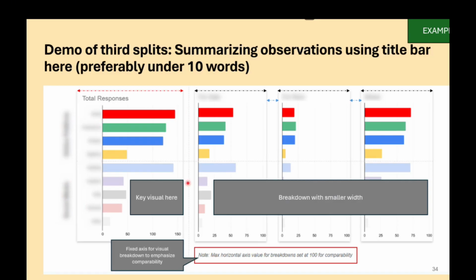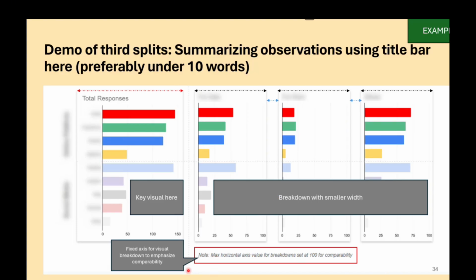And the vertical dotted line here is for me to break your visual to show you what is key visual versus what is complementary visual. And here, I would also make sure that the width of these 3 complementary visuals are the same when I'm spacing them apart.